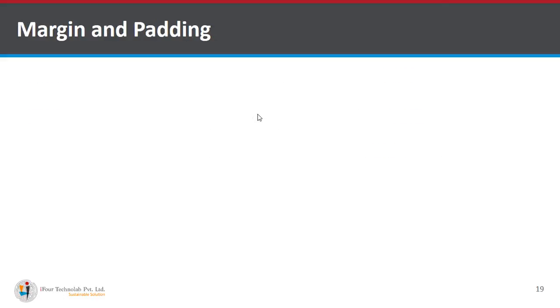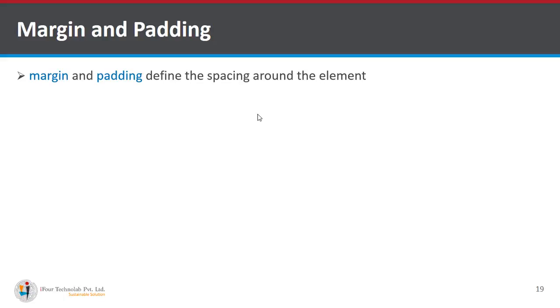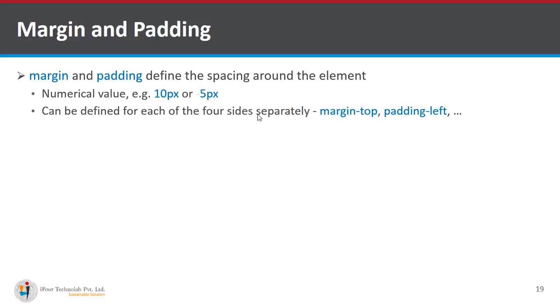Now margin and padding. Margin and padding define the spacing around the element. You can also give numerical values, that is 10 pixels, 50 pixels, 5 pixels, based on your need. Can be defined for each of the 4 sides.